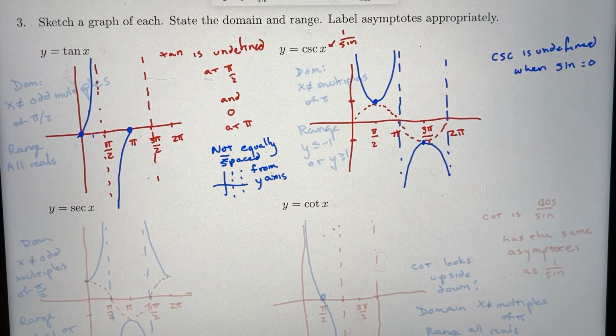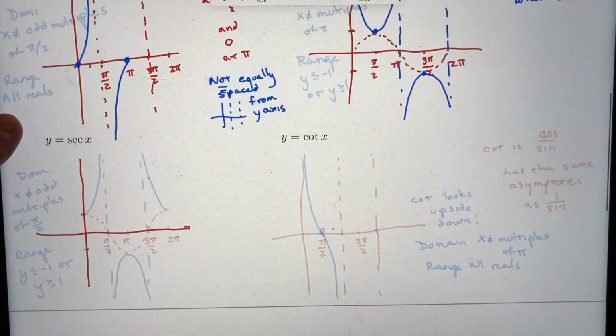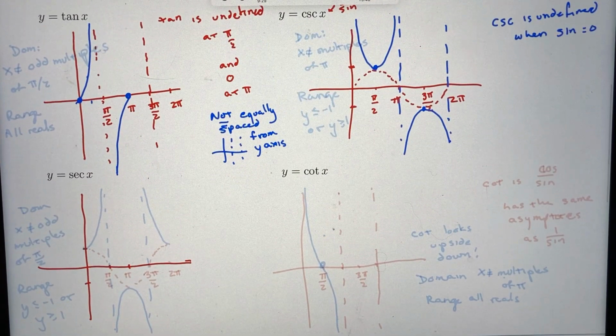Secant does the same thing, except it's when cosine, since cosine doesn't go through the origin, if I draw cosine in, pi over 2, pi, 3 pi over 2, 2 pi. Cosine does this, and secant goes to 0.